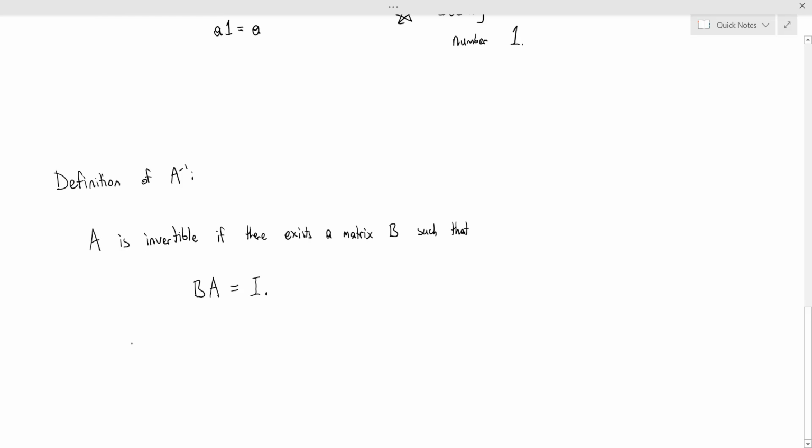Now, if A is invertible, so if there is such a matrix B for which B times A is equal to I, it can be shown that the matrix B is unique. We denote the matrix B as A to the power of -1, and we call it the inverse of A.